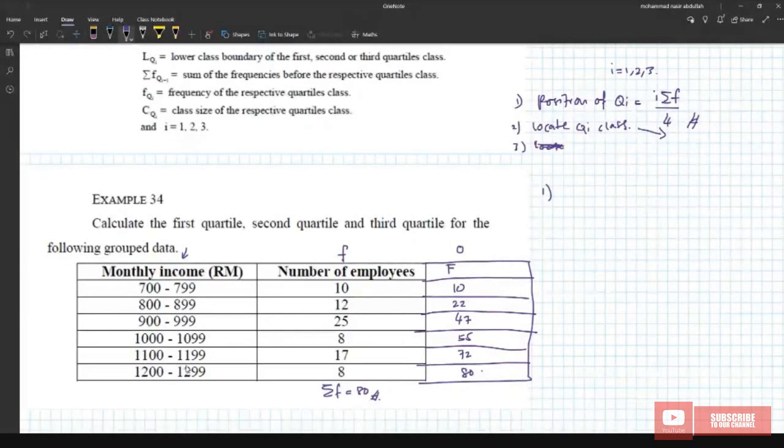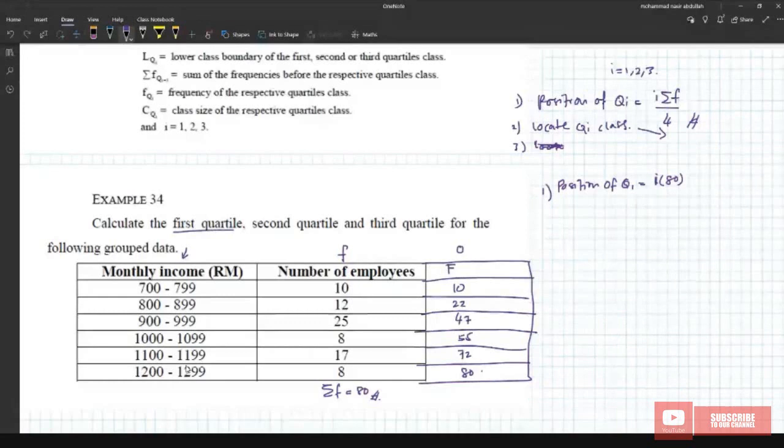We try to calculate quartile number 1. So we need to first find position of quartile 1. So position of quartile 1 is 1 multiplied with 80, the summation of frequency, divided by 4. So this one should be equal to 20, right?